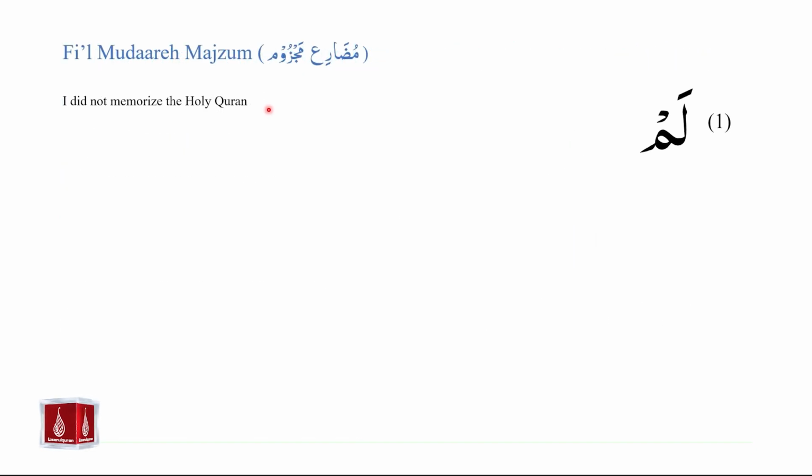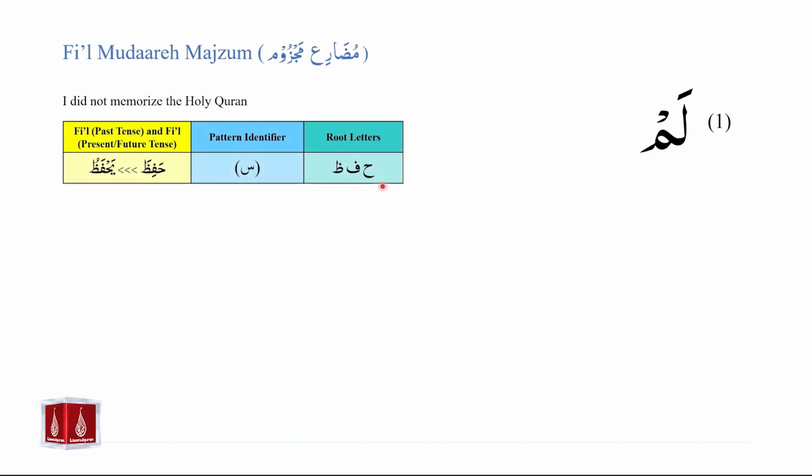For further practice, let us try to translate this sentence. I did not memorize the Holy Quran. To memorize, we'll have the following root letters: ha, fa, and zwa. Using the pattern identifier of seen, which was sam'a yasma'u, we get the following result: hafiza yahfazu.